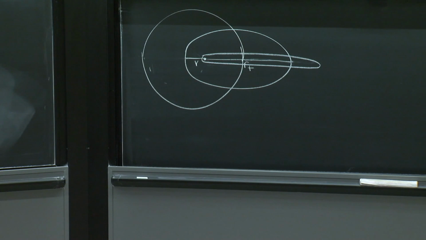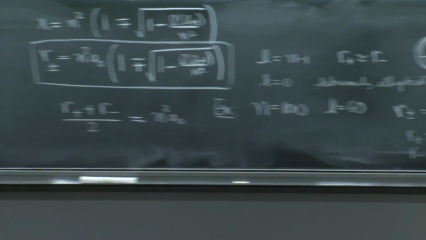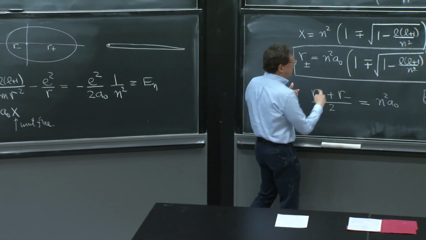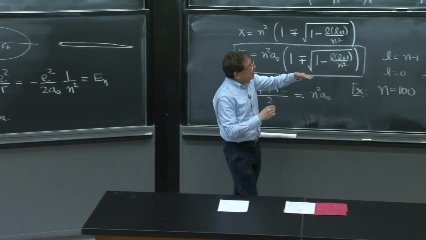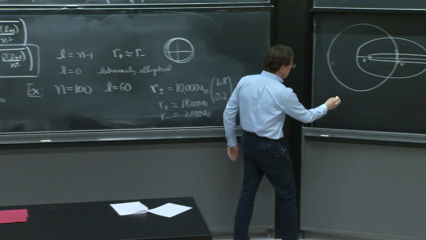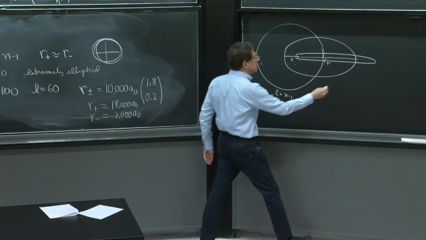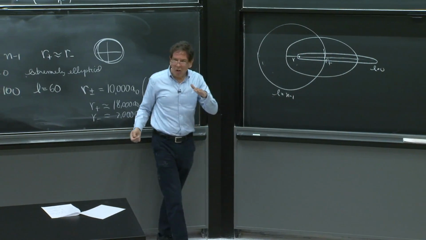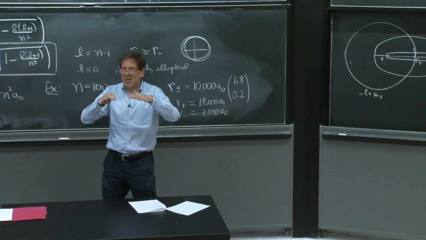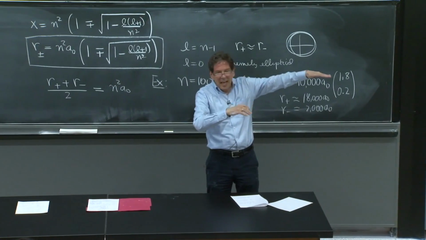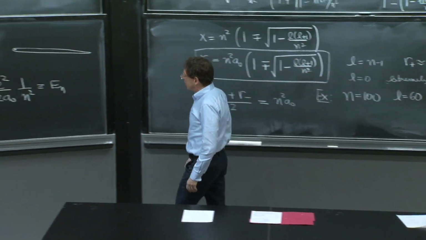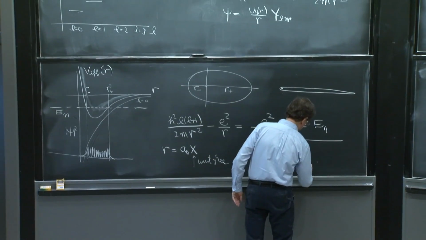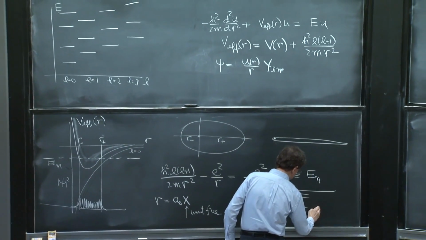I mentioned last time that this nice property, this degeneracy, is here if you're keeping n fixed but changing L, you're going through all these ellipses. This is for L equals n minus 1, and this one is for L equals 0, and all these ellipses are here. And those are all the semi-classical picture of those degenerate states in the diagram of the hydrogen atom. The diagram of the hydrogen atom was something like this.